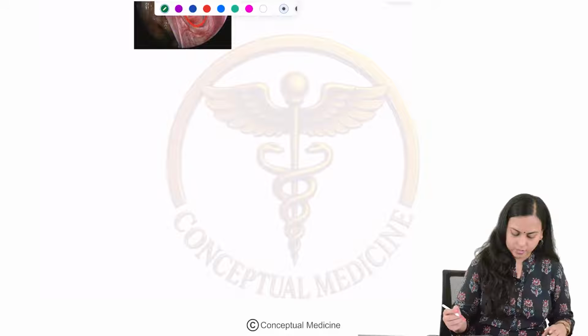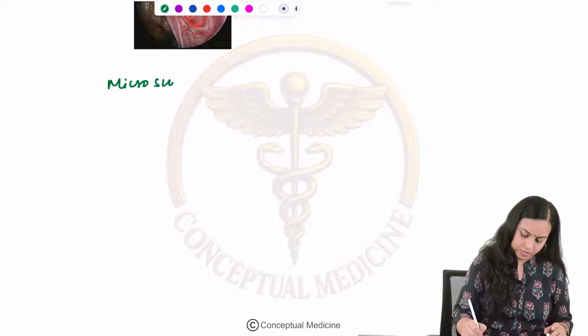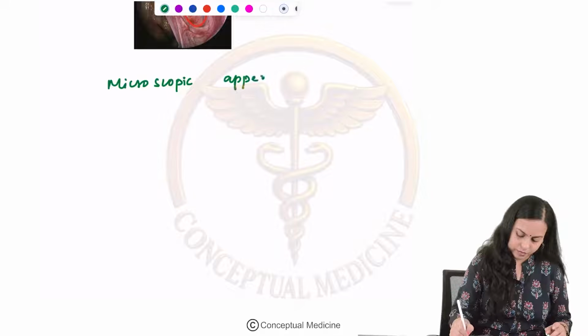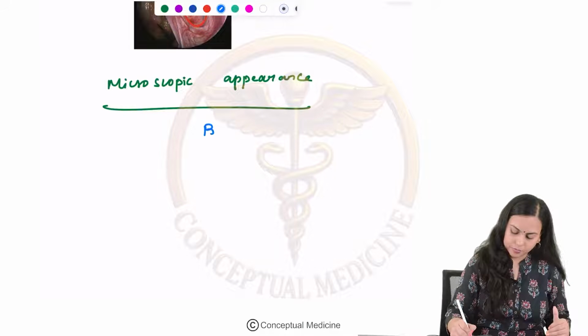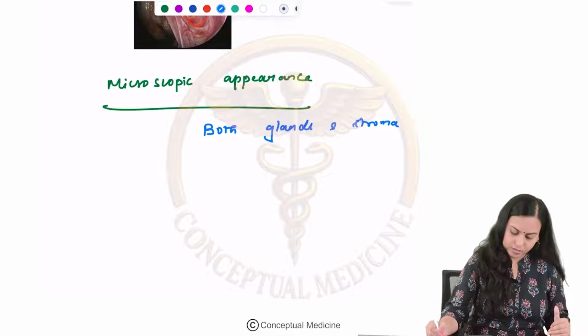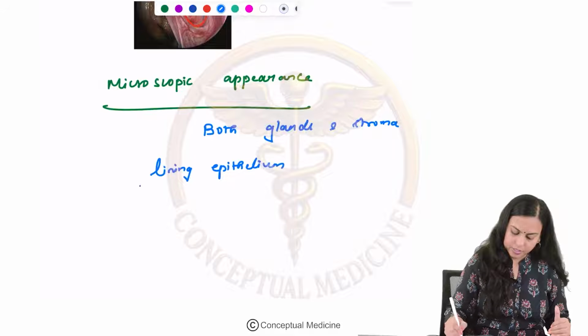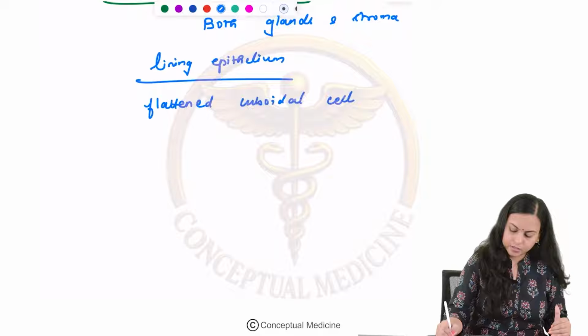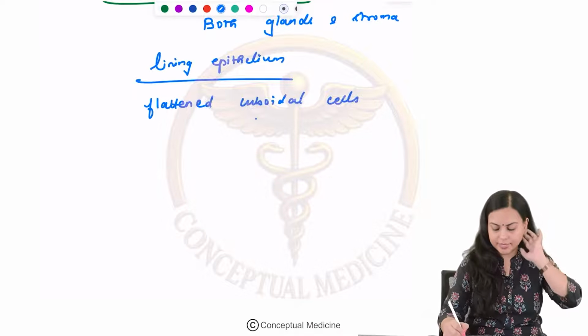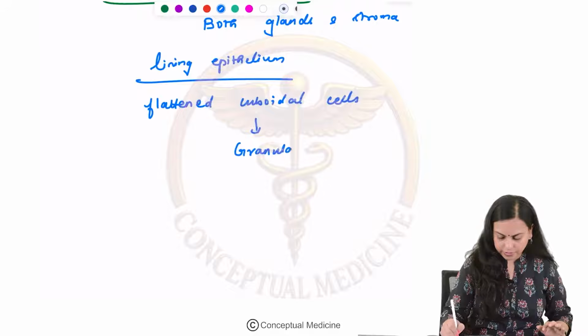And now let us talk about the microscopic appearance of endometriosis. Microscopically, we will be able to see both glands and stroma. The lining epithelium can be seen with flattened cuboidal cells, and later it can be replaced by granulation tissue as well.